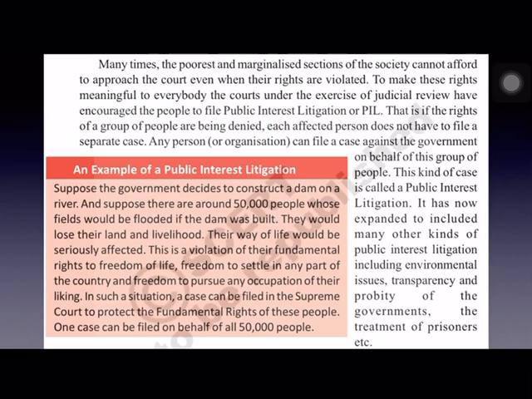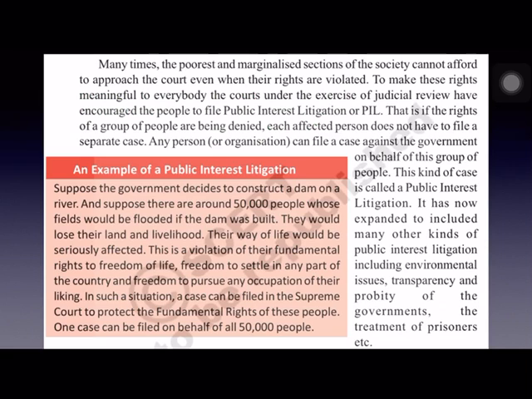And this kind of case is called a public interest litigation case. Now these cases include many other kinds of cases, like environmental issues, transparency of the government, and treatment of prisoners, because these are related to all the people, they can file public interest litigation cases.